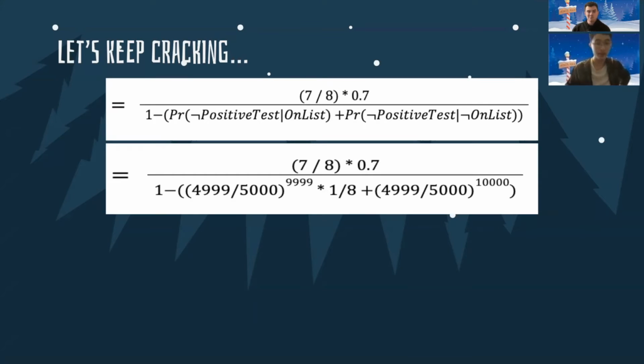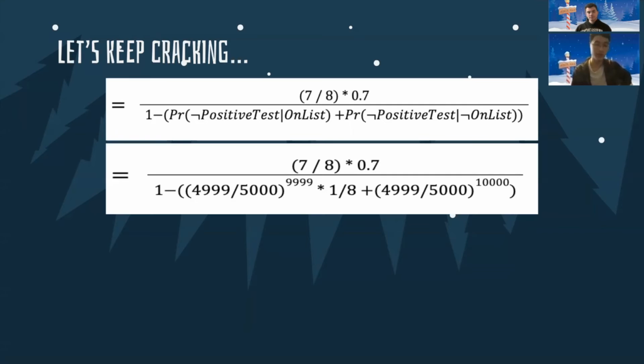Let us further expand out the probabilities in the denominator. First, the probability that there is not a positive test given that the thief is on the list. If the thief is on the list, there's one thief and 9,999 innocents. The probability of a single innocent testing negative is 4,999 over 5,000, because as given in the problem, there's only a 1 in 5,000 chance that the innocent will match with the criminal DNA by accident.